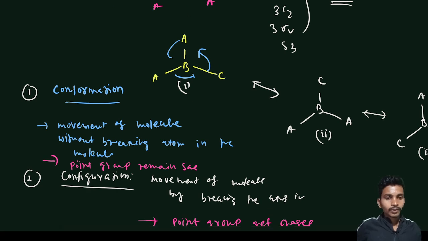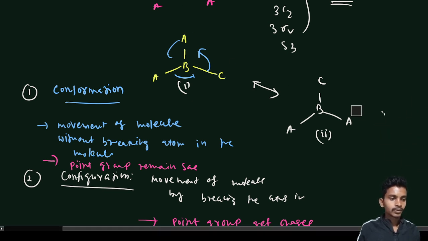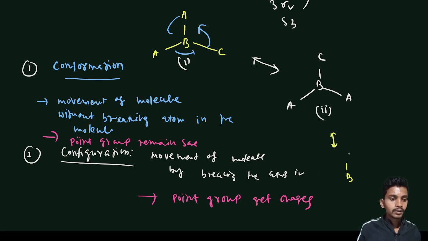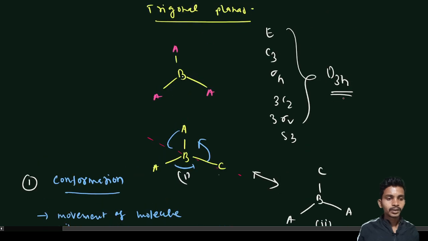Okay, so here I will write down the structures, let's say A, A, and this is C. In these three structures, what is the point group? Previously the point group was D3h.